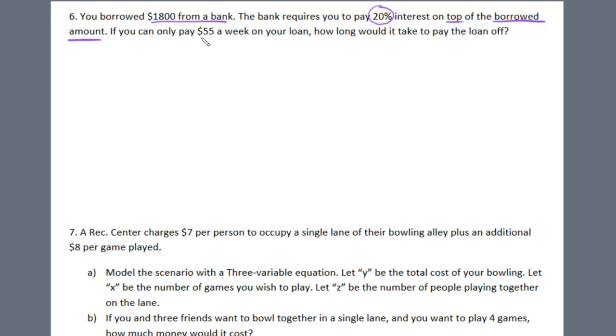If you can only pay $55 a week on your loan, how long would it take to pay off the loan? Okay, so you borrowed $1,800 from the bank, but the bank requires you to pay 20% interest on top of the borrowed amount. So the first thing you have to do is find out what 20% of 1,800 is.